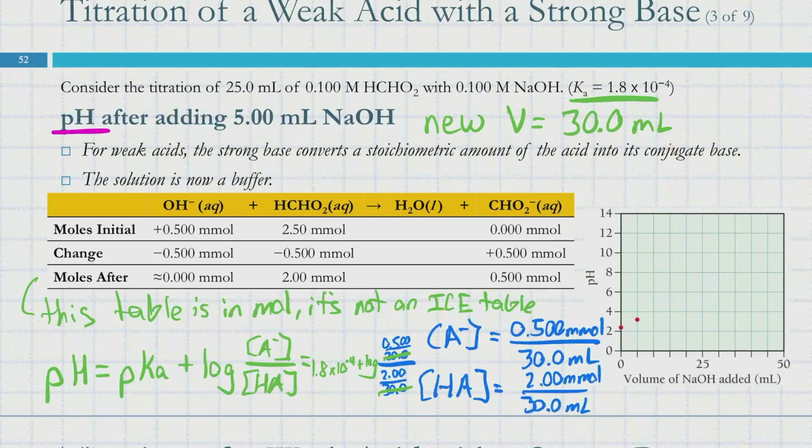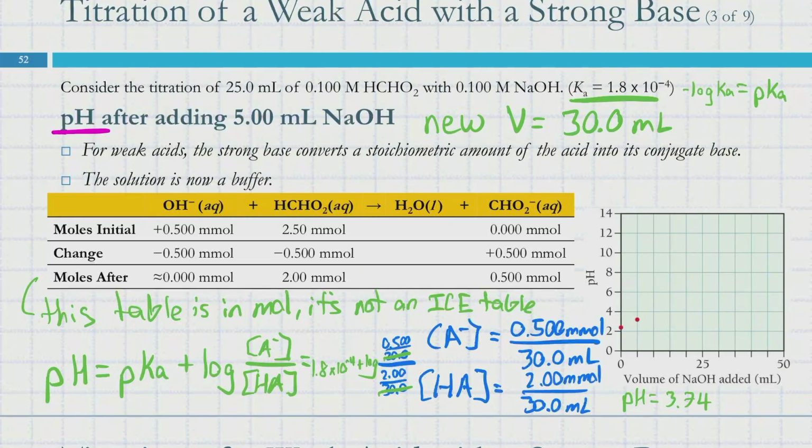Oh, I see what I did. I put in Ka instead of pKa. So, great, 3.7, or thereabouts. So I forgot to convert the Ka to pKa. That's why I ended up getting a negative number initially.